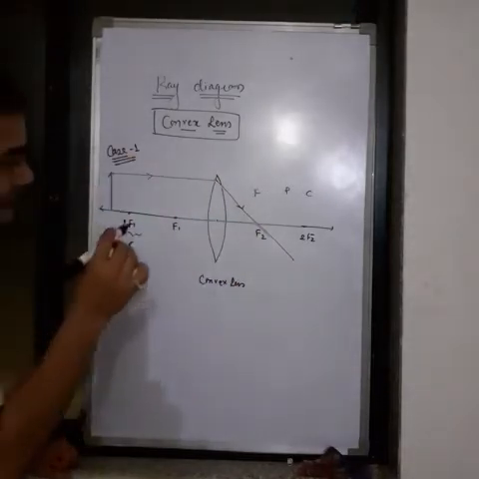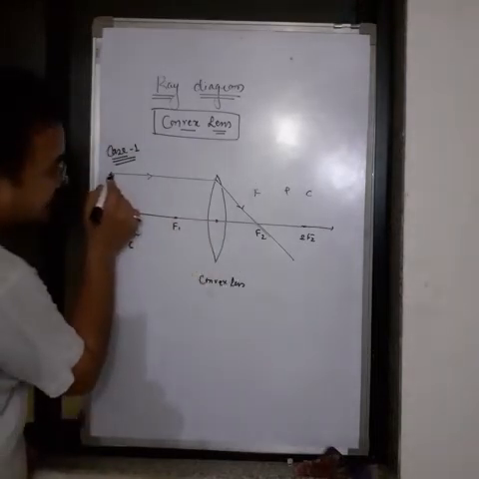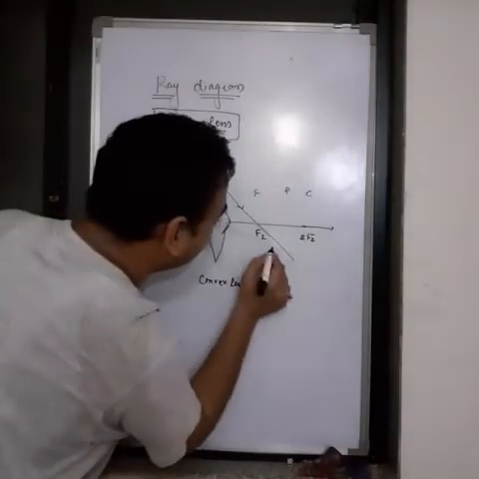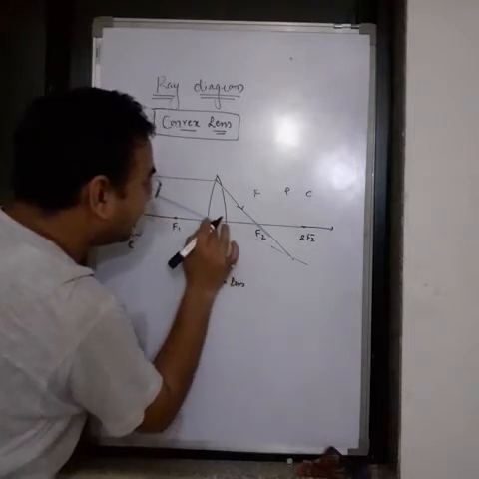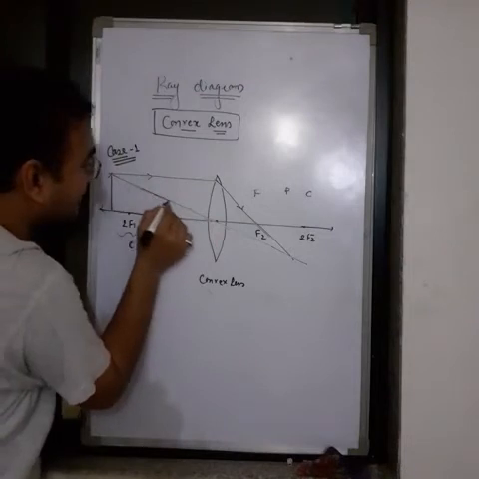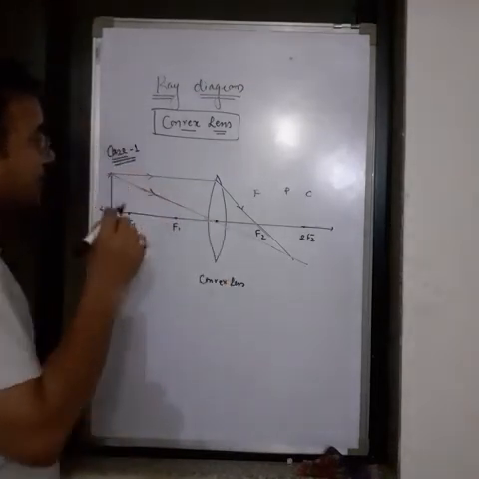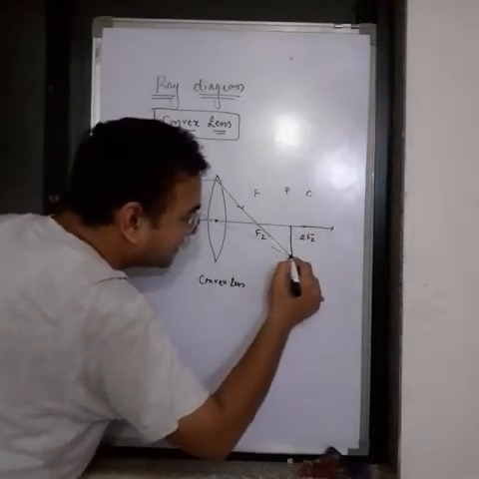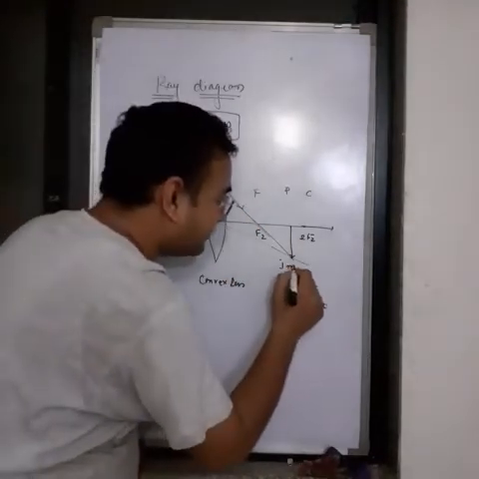The second ray is going to cross from this center and meet at this point. Again, I remind you students, you have scale and pencil, so you can draw a better diagram. So they both intersect at this point. Once we draw this diagram, then see, our image is going to be formed.